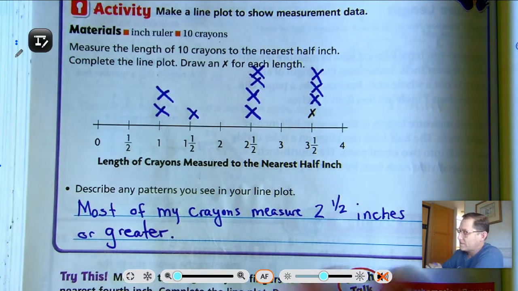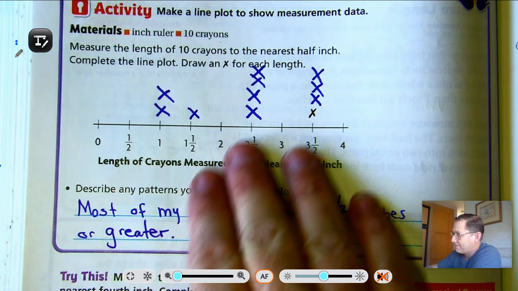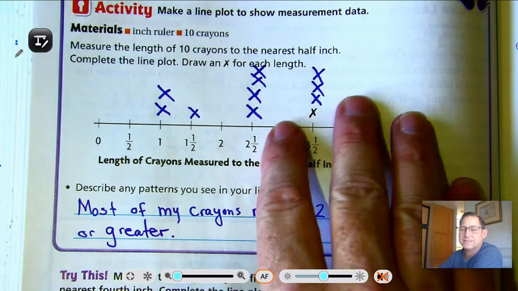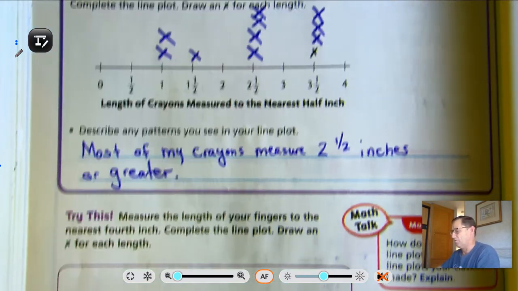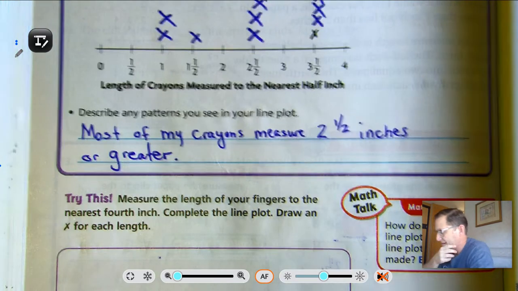Okay. So when you're talking about pattern on a line plot, you're just kind of looking at where are most of the X's grouping together or clustering. Okay. So, all right. Now, try this one.